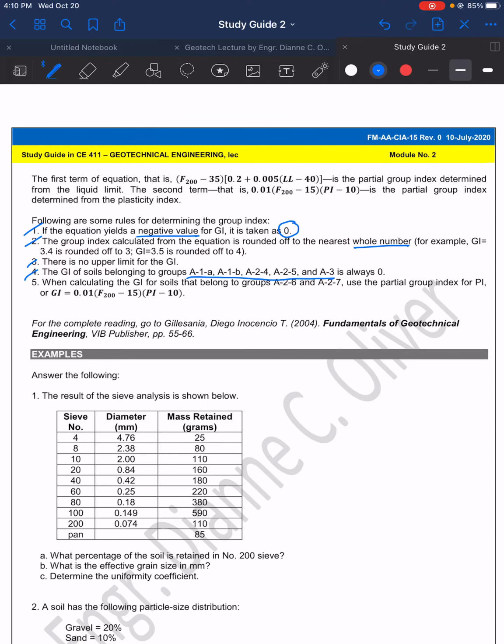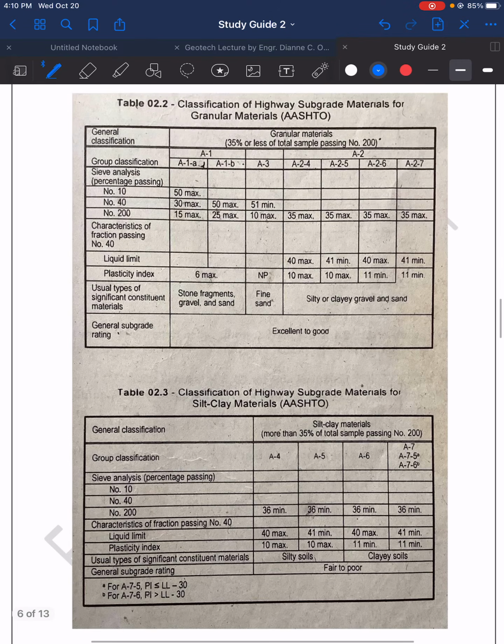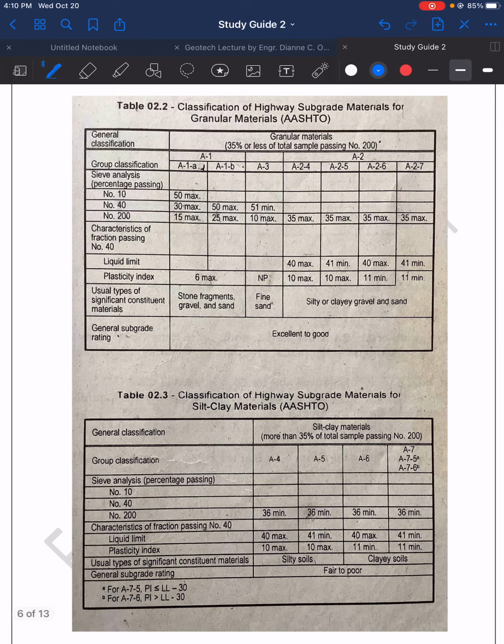If the classification falls on A-1-A until A-1-3, it is already 0. So, let's go back to the table. Where can we find that? Here are those mentioned. We have A-1-A, A-1-B, A-1-4, A-1-3. Okay.